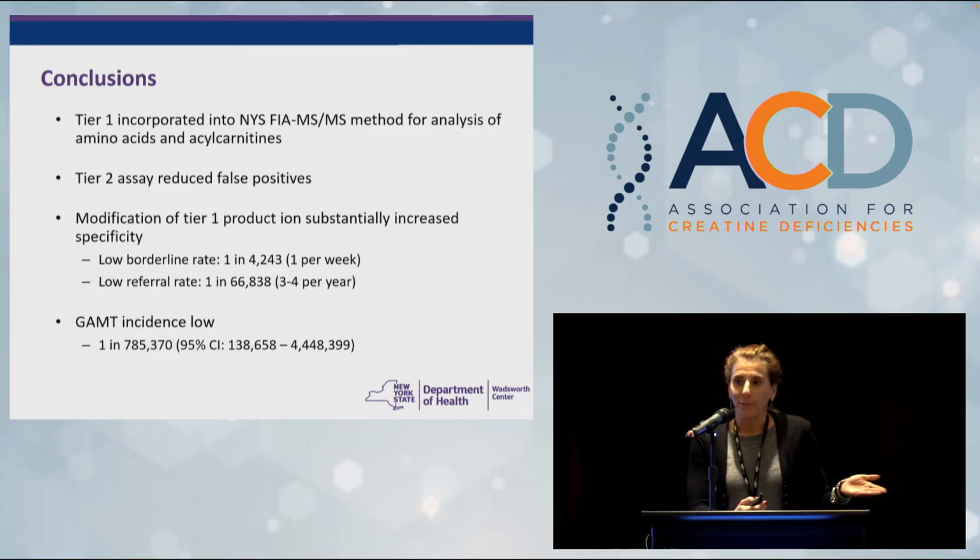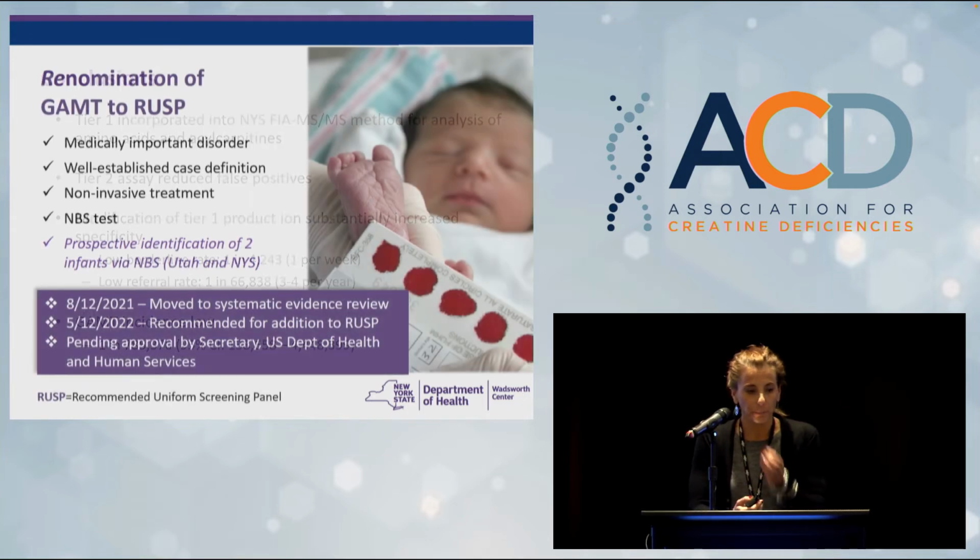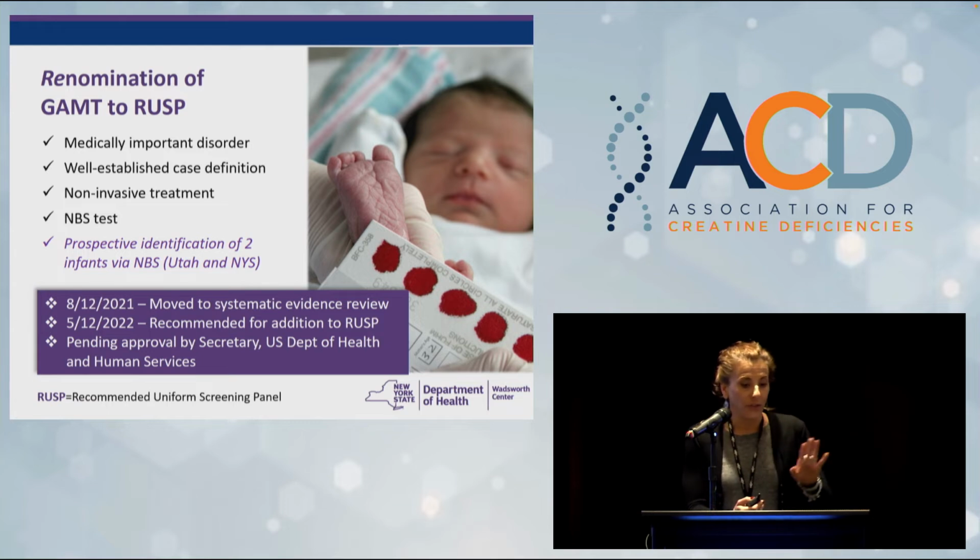On the other hand, the incidence is low, so we detected 1 case out of 785,000 babies screened, but the estimate is not precise because this is a really rare condition. And so just to end, I should mention that before we identified our affected baby, Utah identified an affected baby by universal screening about a couple of months before we did.